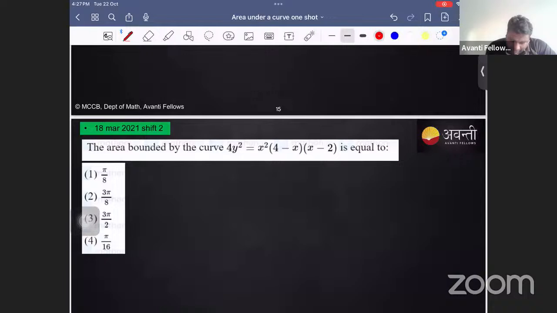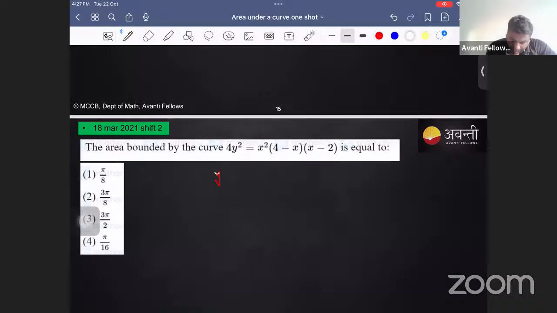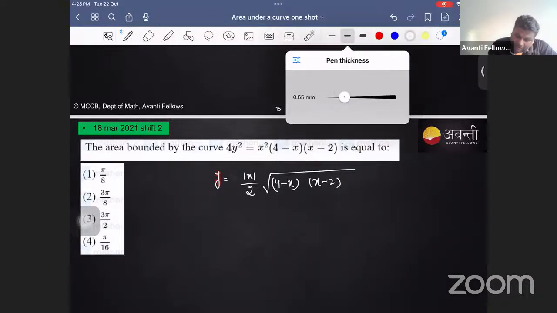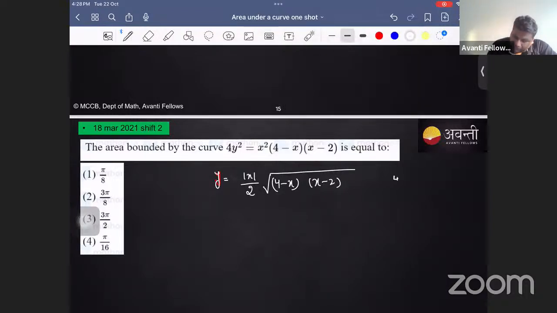So can you say that this y is mod x upon 2 into under root of (4 minus x)(x minus 2). If I want to see the domain of this function, then (4 minus x)(x minus 2) should be more than or equal to 0.